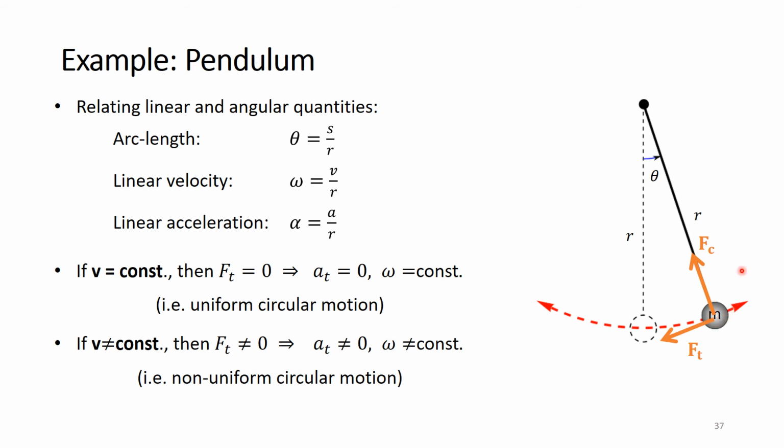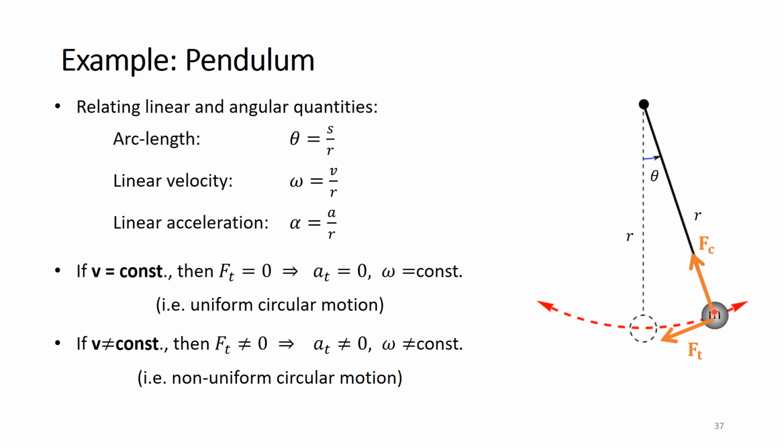And let's look at the forces acting on the pendulum. So we have the force from the string, and then we have the weight of the pendulum. The weight isn't shown here, and the tension isn't shown here either. However, you can combine the tension and the weight, then break them up into components, and you can find 2 components that look like this.